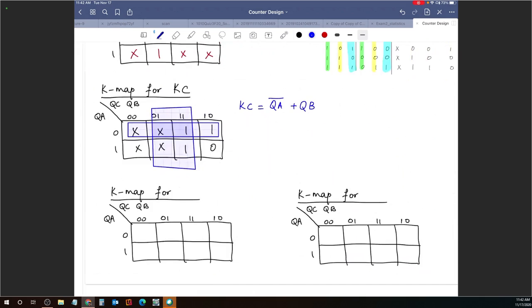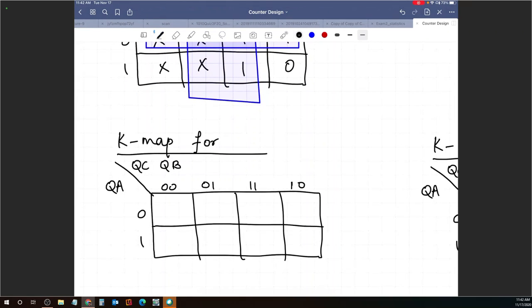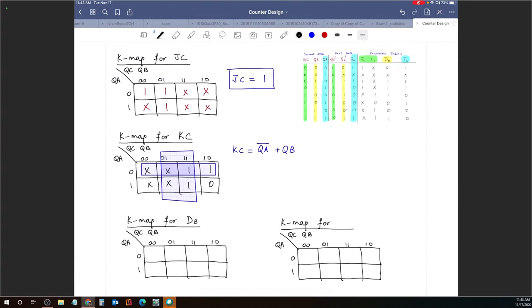All right, let's do this for next one. What is that? DB. What are the values? 0x111, 0x111, 2 zeros and a 1. All right. I thought we weren't required to cover all the x's.